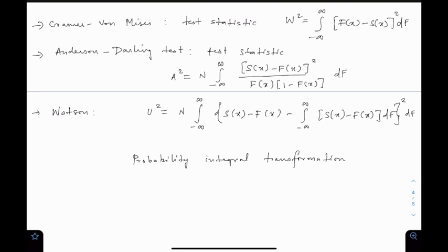This stands for a simple transformation of the variate x into a variate z. And this new variate z is uniformly distributed in the interval 0, 1, and it has a simple distribution function.